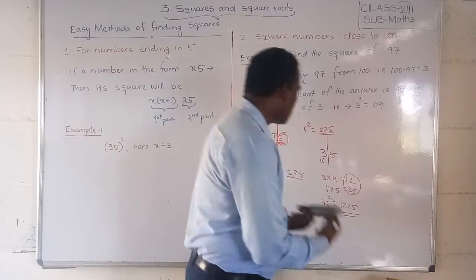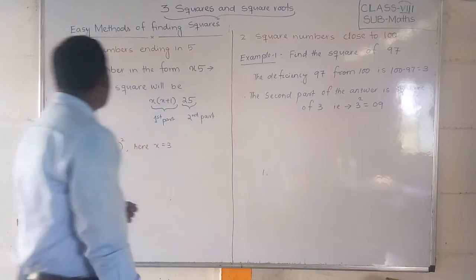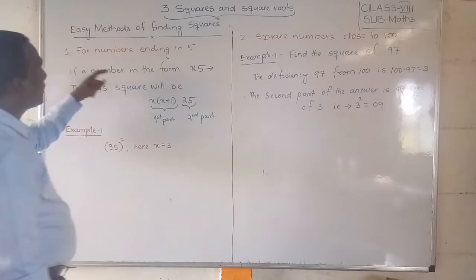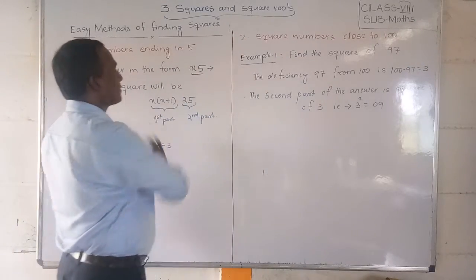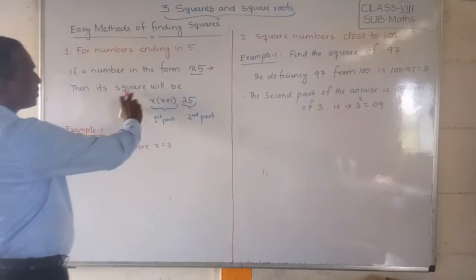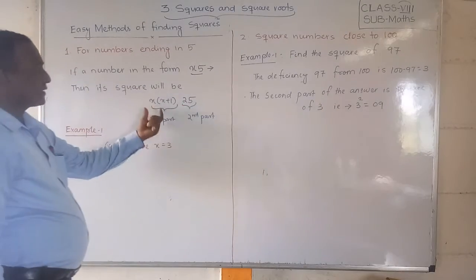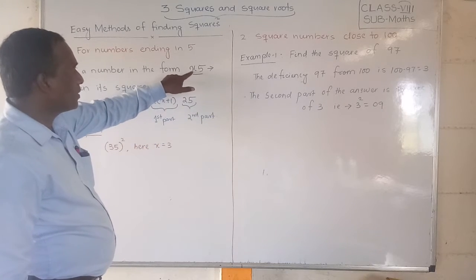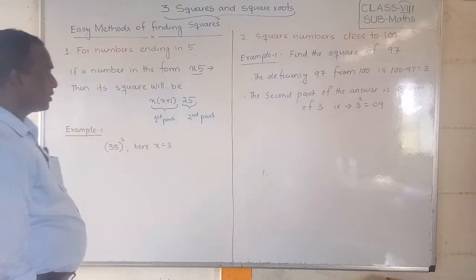Let us understand this with examples and theory very easily. For a number in the form x5, where x is any digits, the square will be x into (x plus 1), followed by 25. Whatever number comes as x, multiply it with the next number and then write 25.